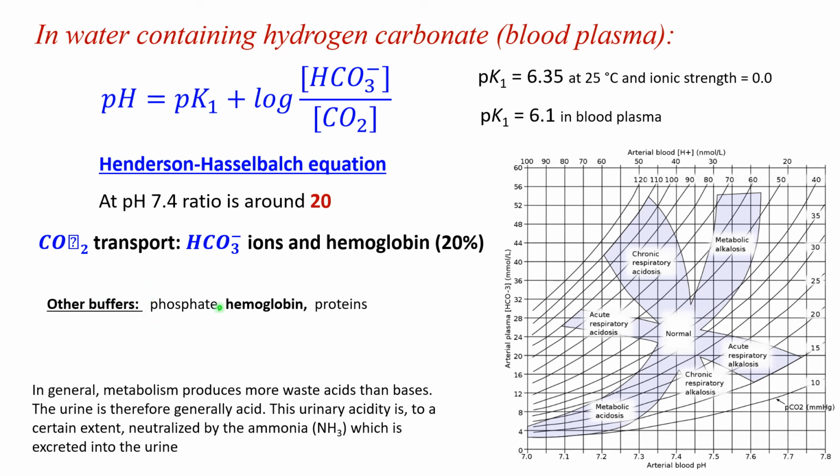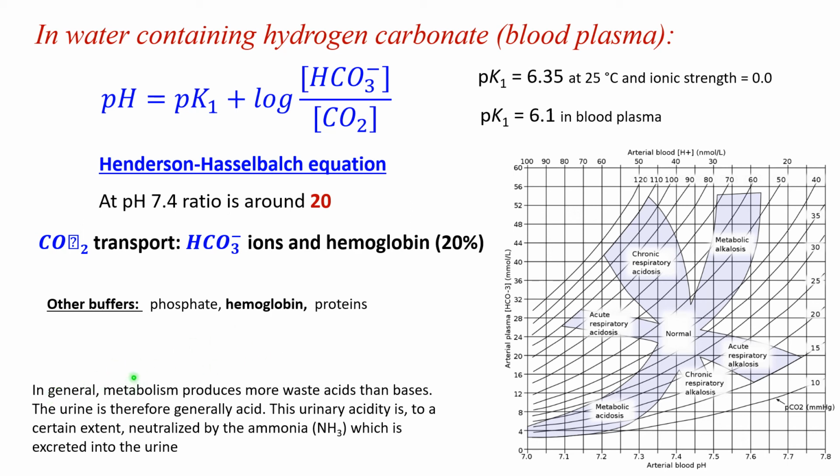Other buffers that are important in our body are phosphate buffer, hemoglobin, and proteins. In blood plasma, only carbonate buffer is dominant. In your urine, it will be phosphate and ammonia. In some other places, it will be proteins and ammonia and so on.